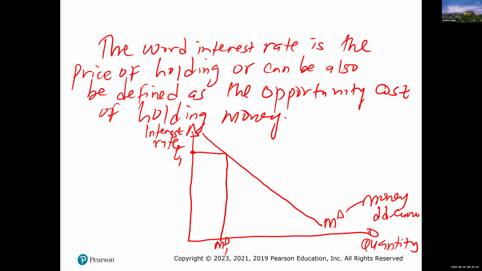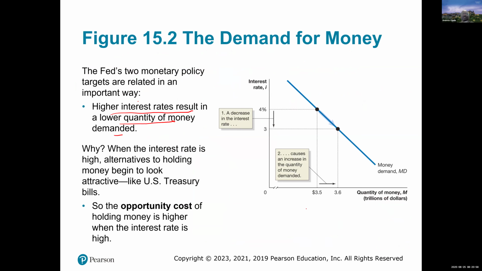But if the interest rate is very low, let's say it falls to I2, then people have an incentive to hold more money, because it doesn't pay anything anyway if you put it in a bank. So you move from point A on the money demand curve to point B if the interest rate falls. You move along the same money demand curve.